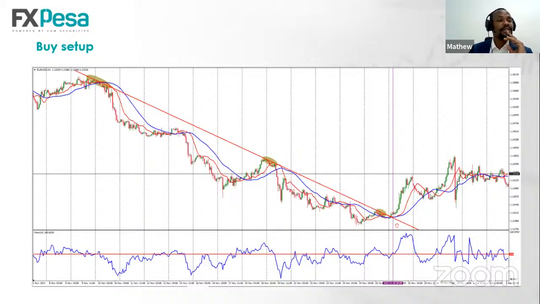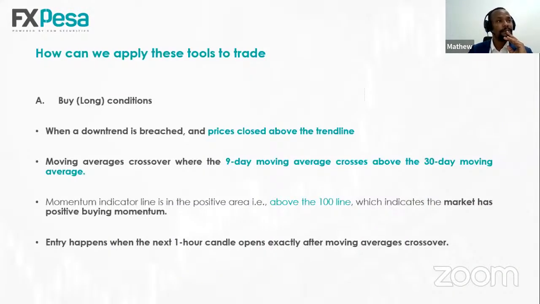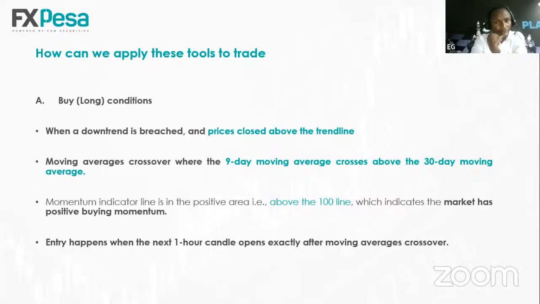In this case, you want to see, of course, when a downtrend is breached or broken, prices close above the trend line. And then at the same time, you want to see the 9 EMA crossing the 30-day SMA to the upside.